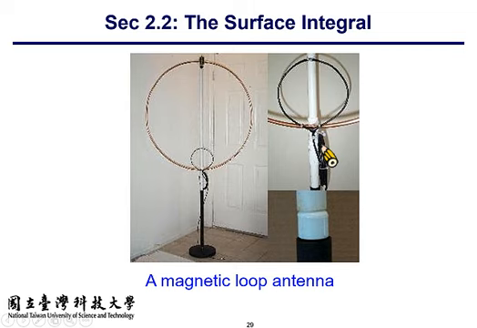So you can place your loop in this way so that you can intercept the magnetic field.